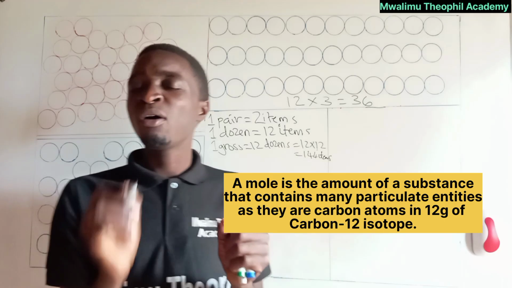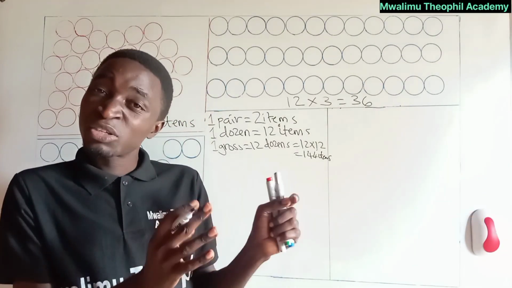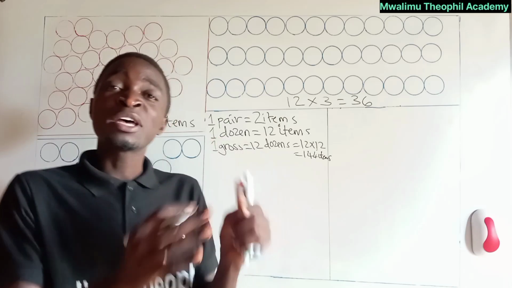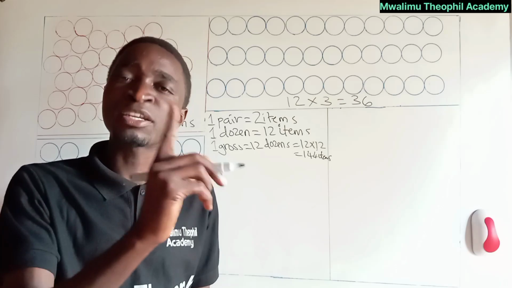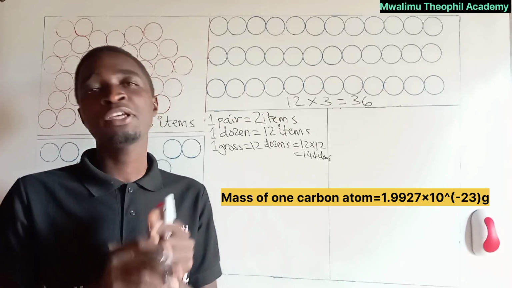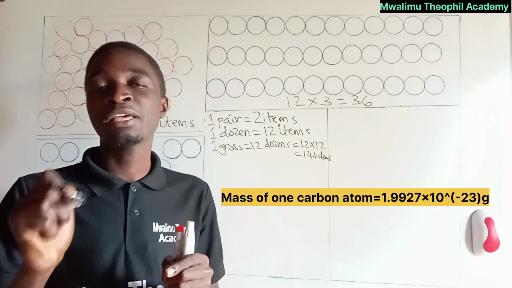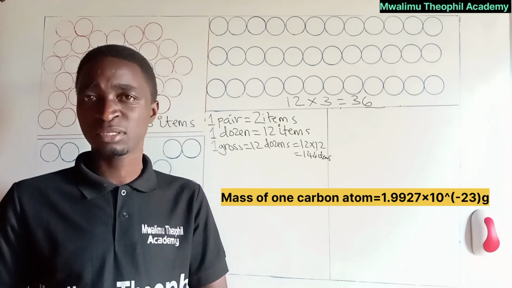To know the number of carbon atoms in 12 grams of carbon-12 isotope, they took that mass over the mass of a single atom, which I have told you was found to be 1.9927 times 10 power negative 23 grams.